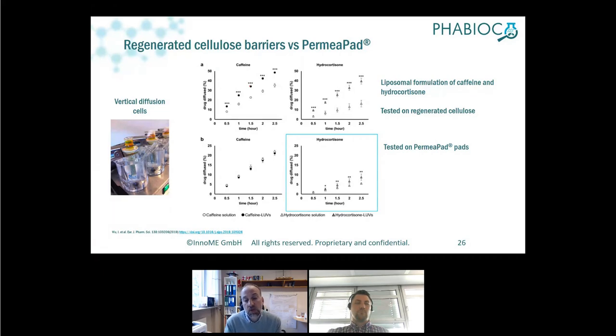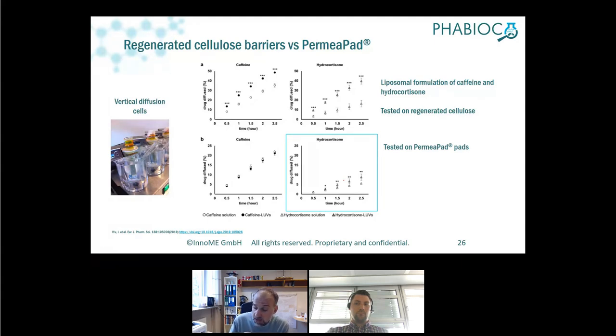But when we introduced a biomimetic barrier, in this case also PermePad, we got no difference between the free drug solution and the liposomal dispersion for caffeine, whereas for hydrocortisone, a small difference remained. So the formulation was positively influencing the permeation. The liposomal dispersion was better in terms of local bioavailability, or predicted bioavailability, for this formulation.